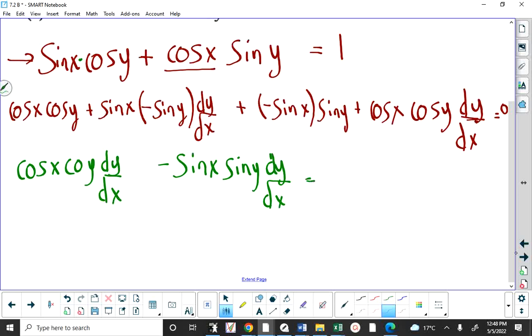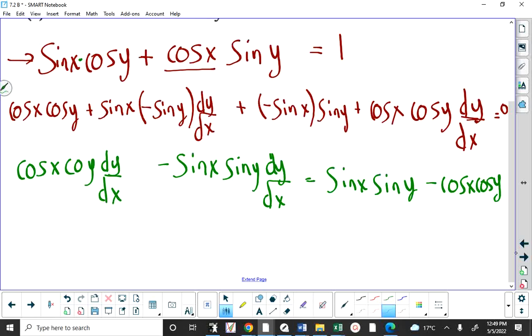And it's equal to, I have to move this term over, sine x sine y, minus cos x cos y. Is that right? Wow, how many of you see what's going to happen here very shortly?